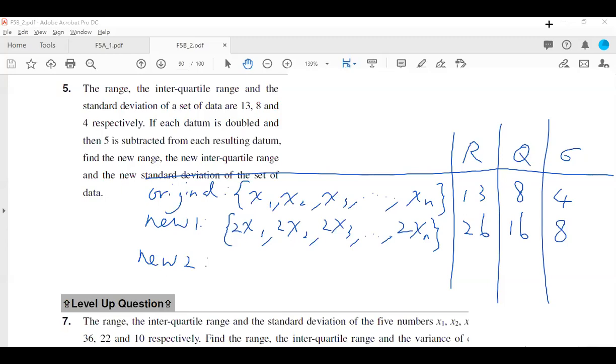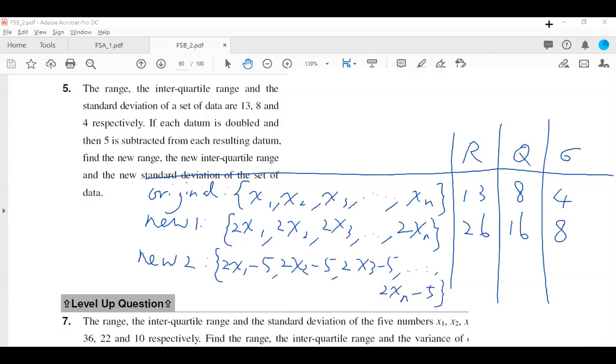For the second step, 5 is subtracted from each resulting datum, which means that after multiplying by 2, we need to do the minus 5. And then this becomes 2x1 minus 5, 2x2 minus 5, and 2x3 minus 5, and so on, up to 2xn minus 5. Okay?